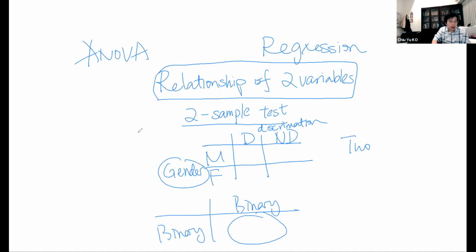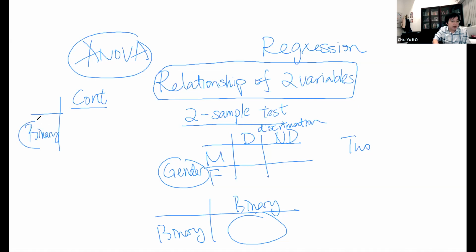right? And now we are talking about another thing, which is ANOVA. You can imagine we're talking about a continuous variable over a binary variable.